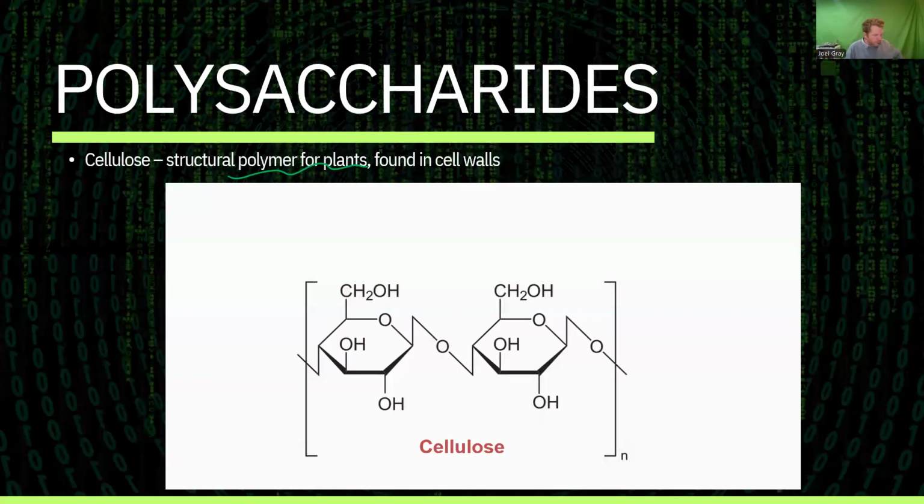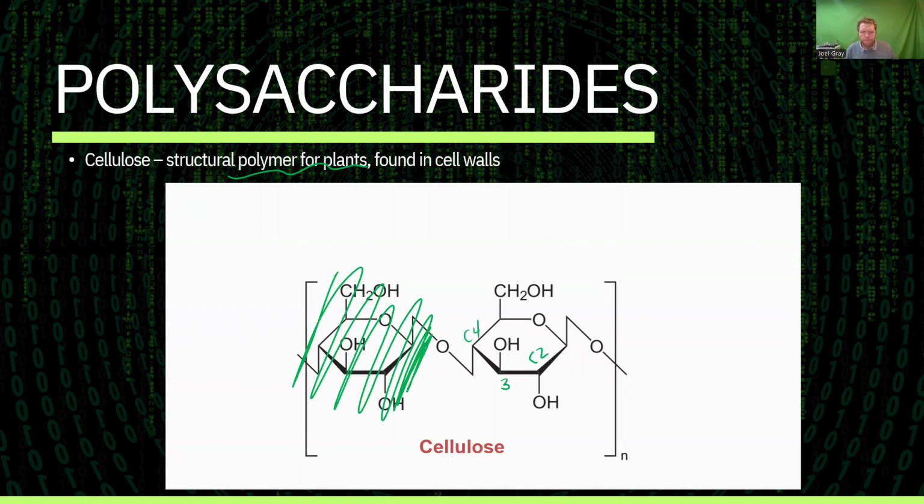Now, one thing that I want you to notice, I'm going to scribble this one out. I'm going to say this is carbon 2. Therefore, this is carbon 3. Therefore, this is carbon 4.